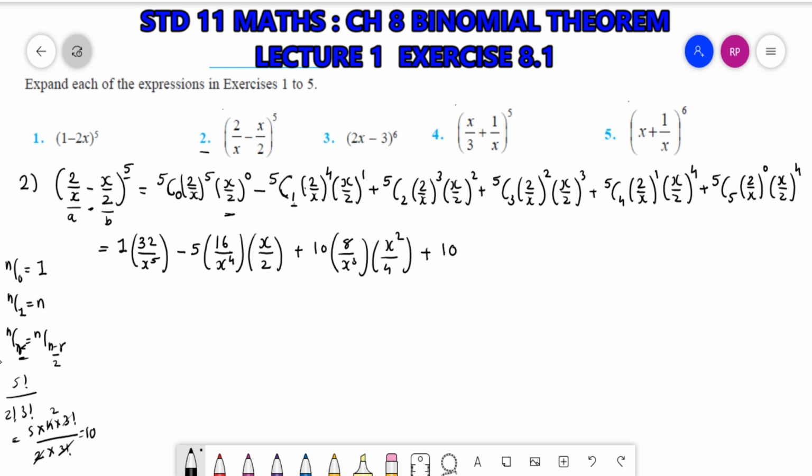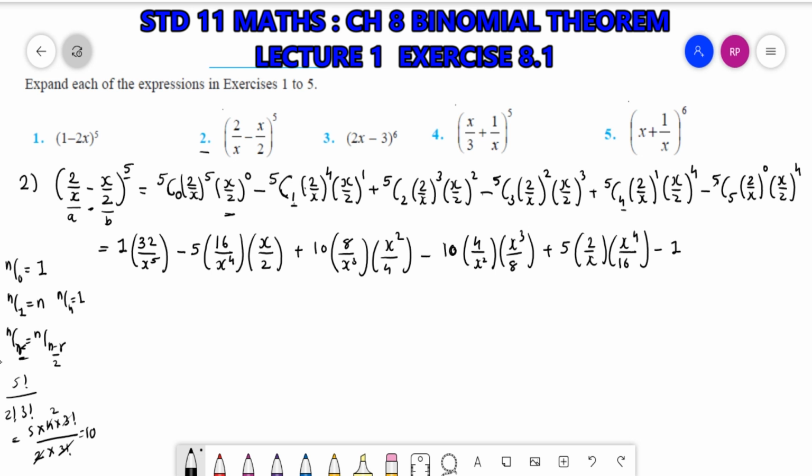Okay, we made some mistake here. Here will be minus, here also will be minus. It's minus 10, 2 raised to 2, 4 upon x square, x cube, 2 cube, that is 8, plus 5c4, that is 5 minus 4, 1, so 5c1, that is 5, 2 by x, x raised to 4 and 2 raised to 4, 16, minus 5c5, that is, again I am writing here shortcut, ncn, that will also be equal to 1.